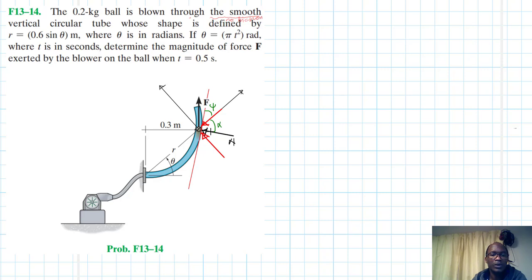What else do we have here? We do have the weight of the ball. This is the weight, W, and this weight we are going to have some components also, along this direction and along this direction.